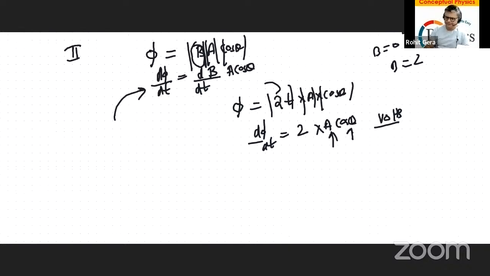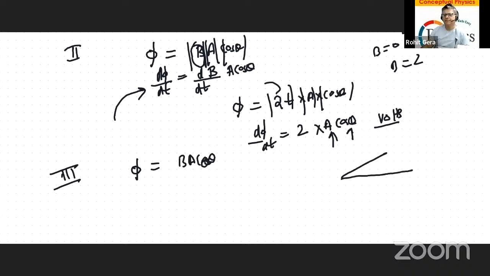Okay. Third, flux is equal to BA cos theta. Now, your coil is lying like this. This is your magnetic field line.